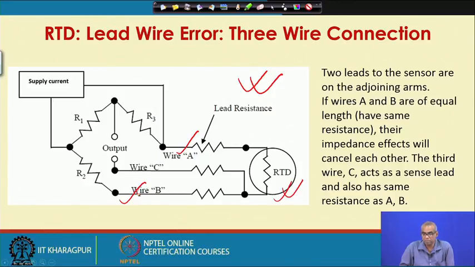If wires A and B are of equal length, in other words, if wires A and B have the same resistance, their impedance effects will cancel each other. The third wire C acts as a sense lead and has the same resistance as A and B.